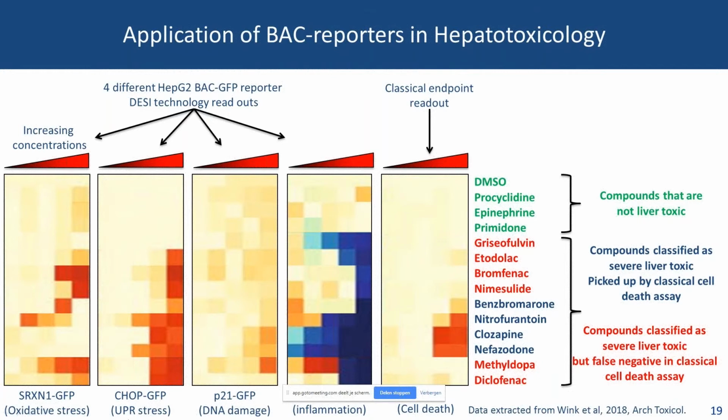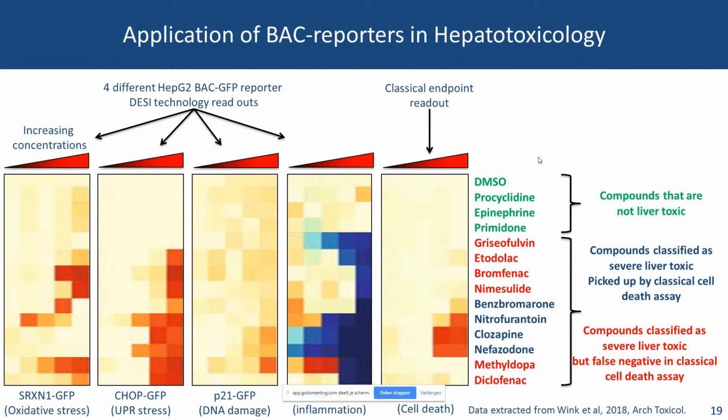So if we also include data of sulfiredoxin as a measure of oxidative stress, the CHOP GFP as a measure of UPR response, the HepG2 PTN1 BAC-reporter data as a measure of DNA damage, and this is the ICAM1 reporter as a measure of inflammation, you can see just by eye, just by looking at these plots, that we correctly could classify the compounds that would induce liver tox and the ones that do not.